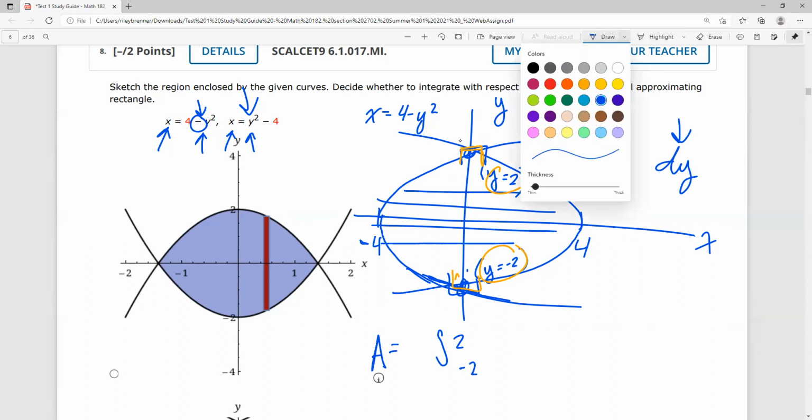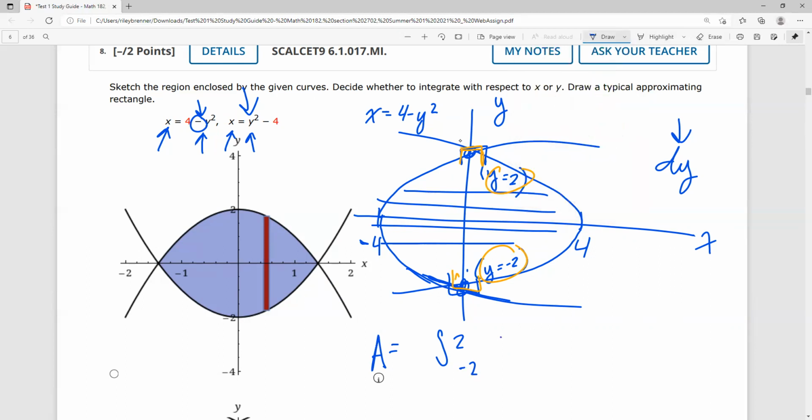So if we go ahead and integrate it out from -2 to 2, what would be our top function and our bottom function, quote-unquote? Exactly that, right? So it'd be 4 minus y squared, minus the quantity y squared minus 4.